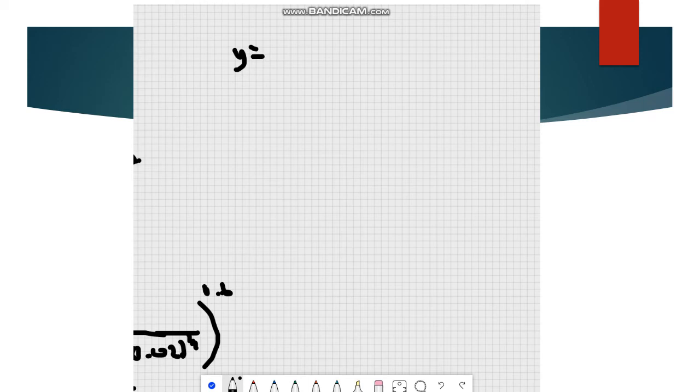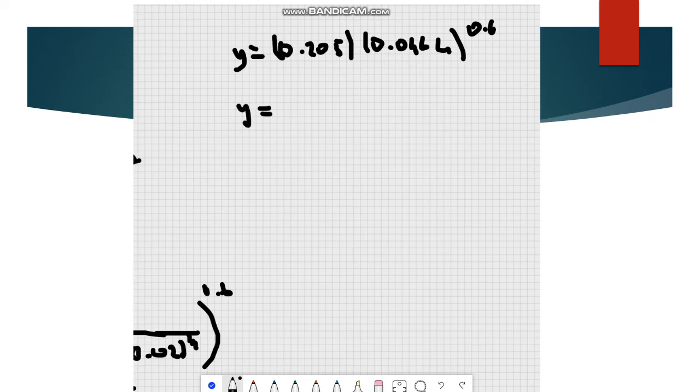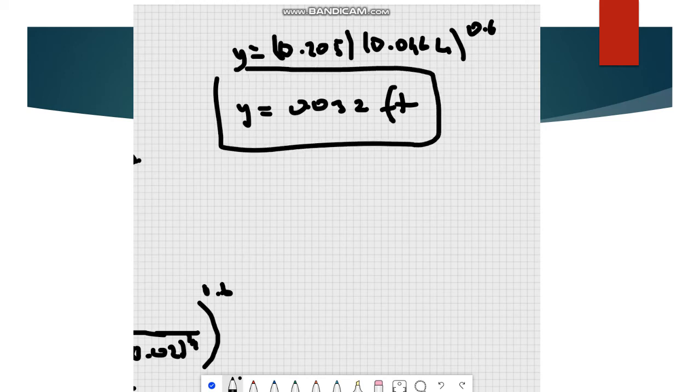We know alpha is 0.205 multiplied by Q0, which is 0.0464, to the power 0.6, and y is equal to 0.032 feet. So we found for this case the depth of the overland flow.